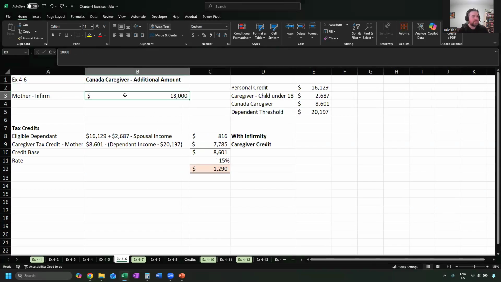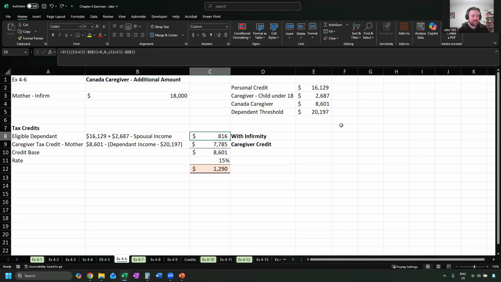So with the mother's income at 18,000, we can claim that person as an eligible dependent. So the eligible dependent is 16,129 plus that 2,687. But we subtract from it the dependent income or the spousal income. So this number gets reduced by $18,000. So our eligible dependent credit is only coming in at $816.